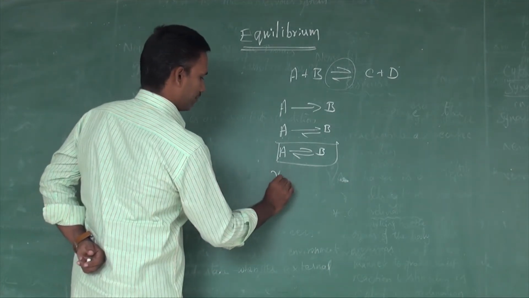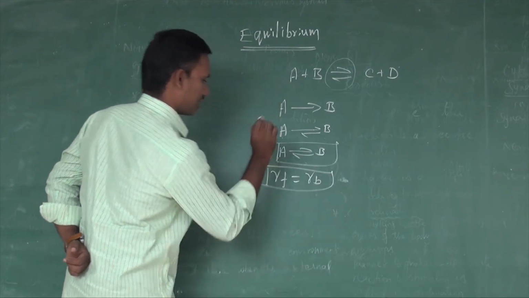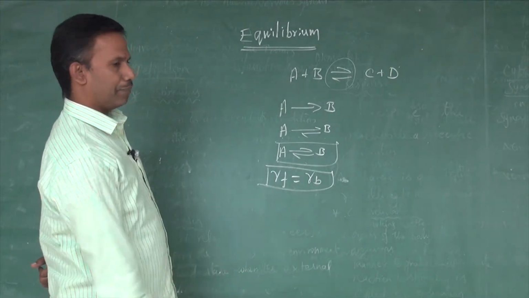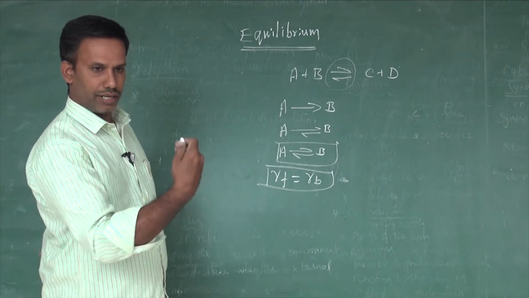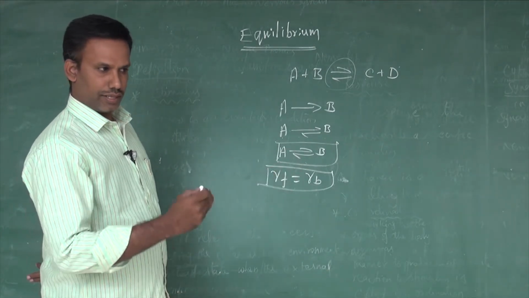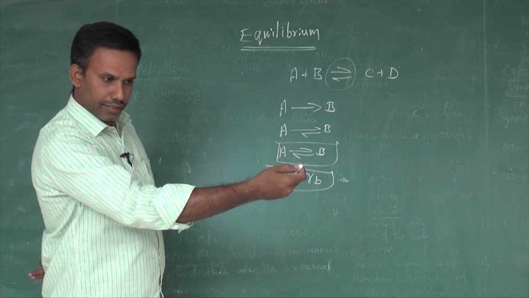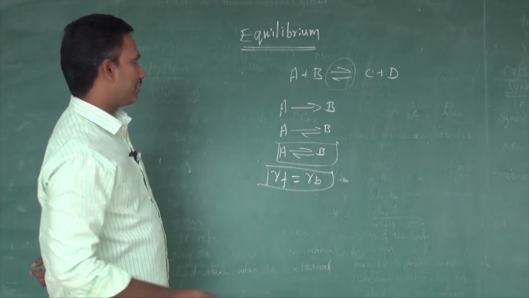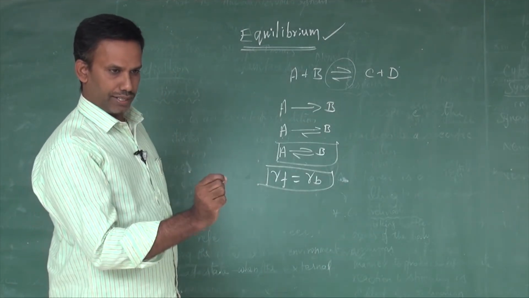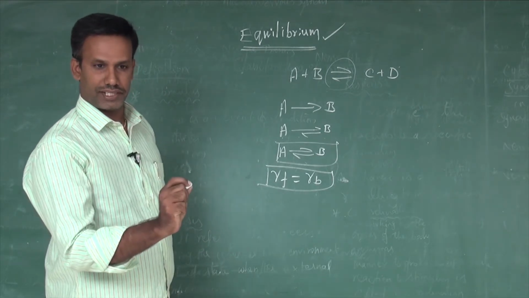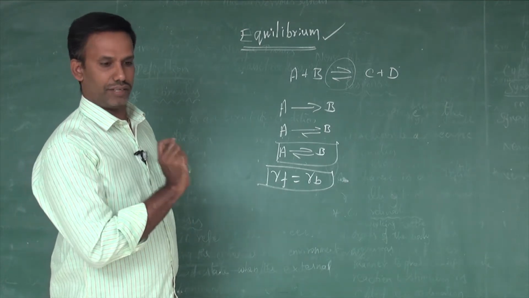The rate of the forward reaction is equal to the rate of the backward reaction. This is the condition for equilibrium. You cannot reach equilibrium suddenly, at the start of the reaction. At first only the forward reaction takes place, and as it goes on, the reverse reaction starts. At a certain point, the rate of the forward reaction is equal to the rate of the backward reaction. That point is called the equilibrium state, or state of equilibrium.